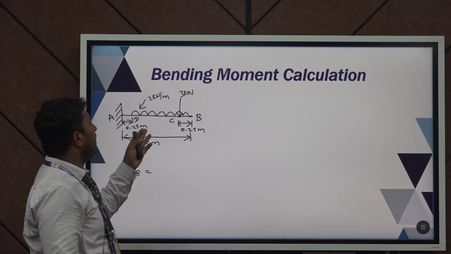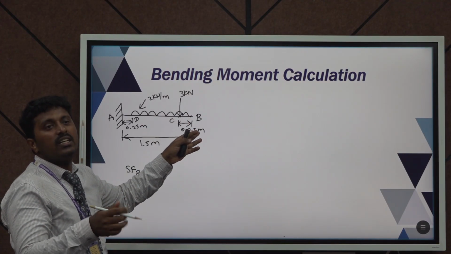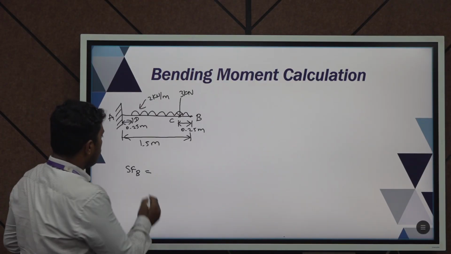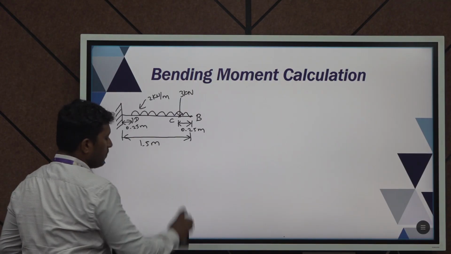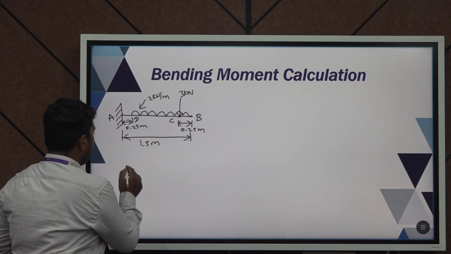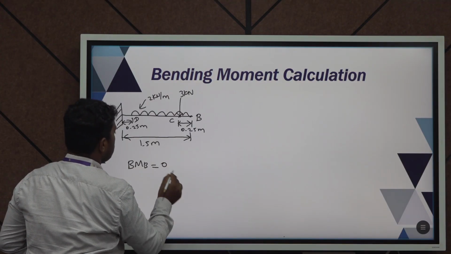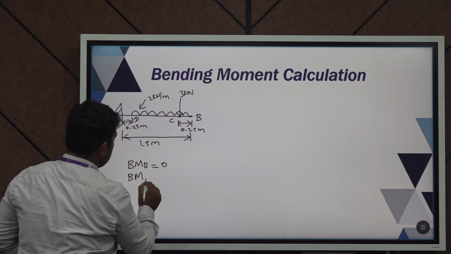So, we need to find the moment at any point from the force acting on that point into the distance from that point. There is no force acting on point B. So, bending moment at point B is equal to 0.